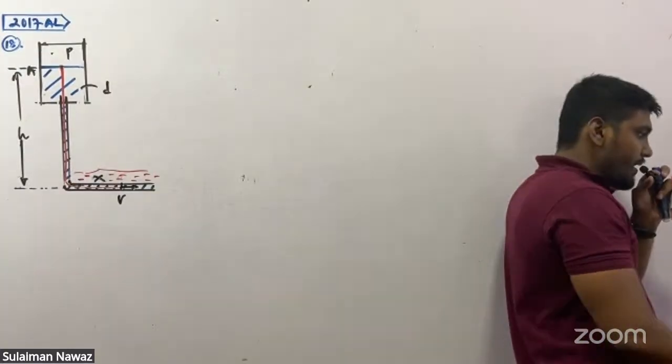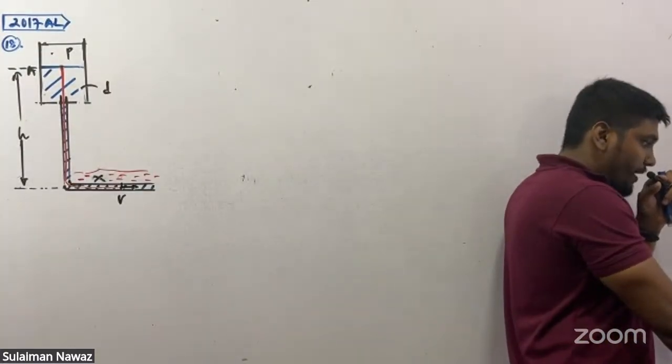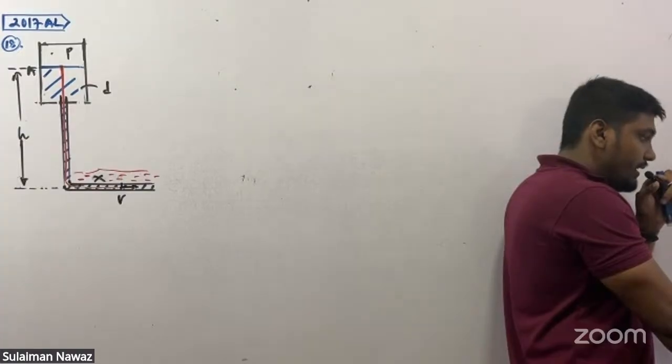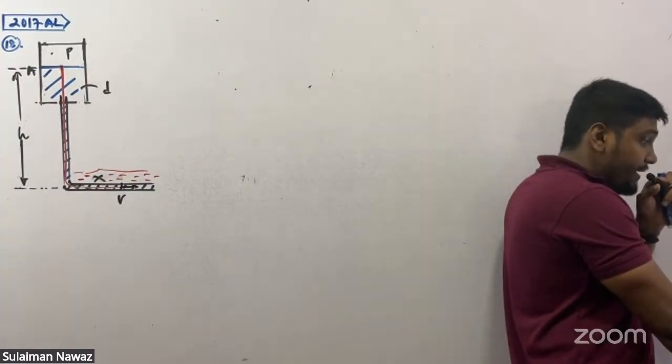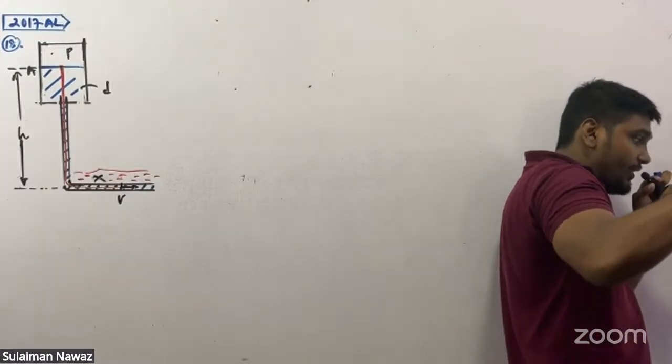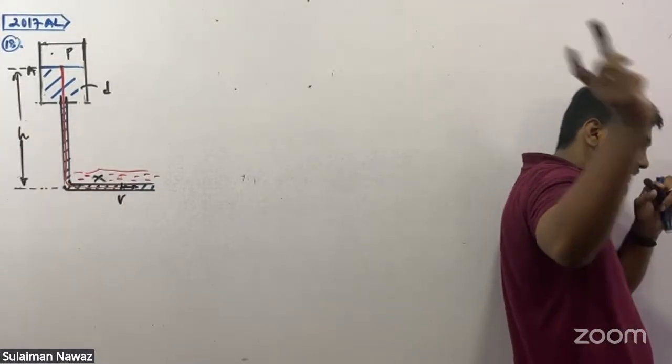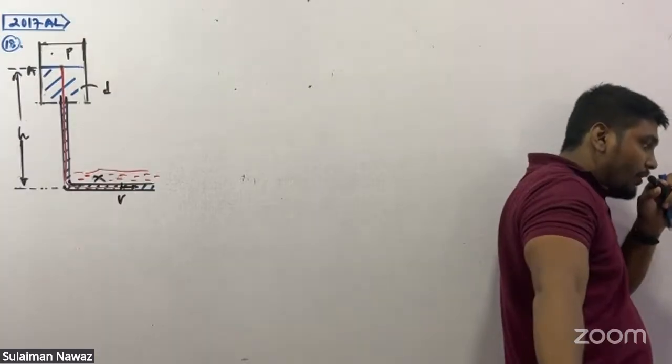The pipeline passes through a shallow region of muddy water, as shown in the figure. The pressure above the liquid surface in the overhead tank is P, and the atmospheric pressure is P naught.